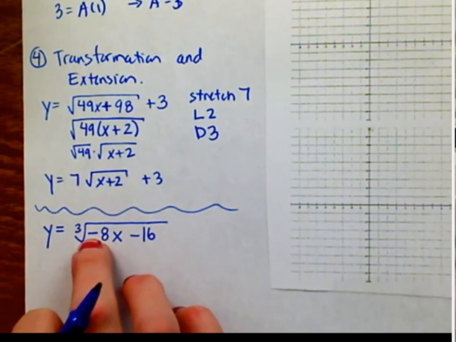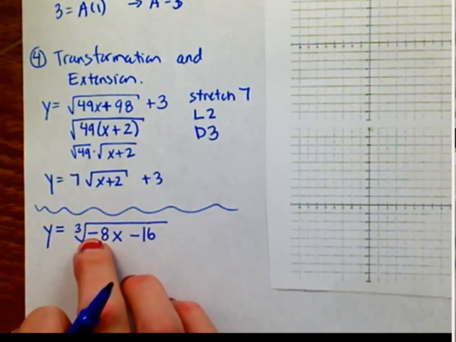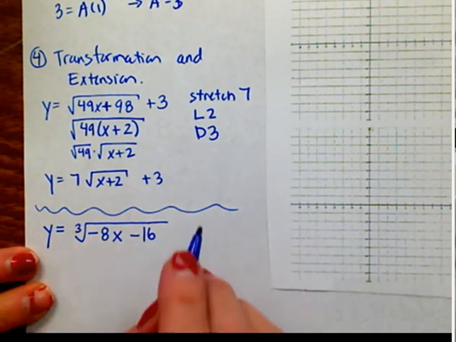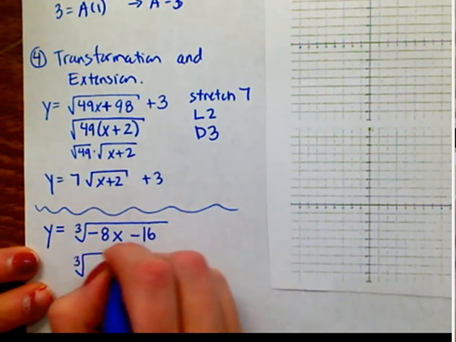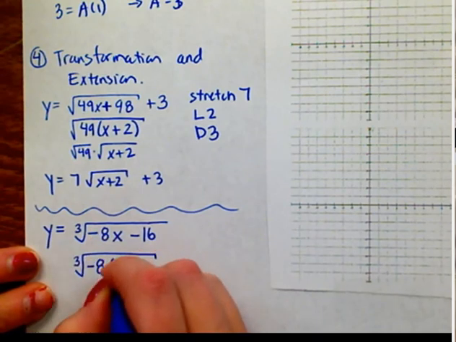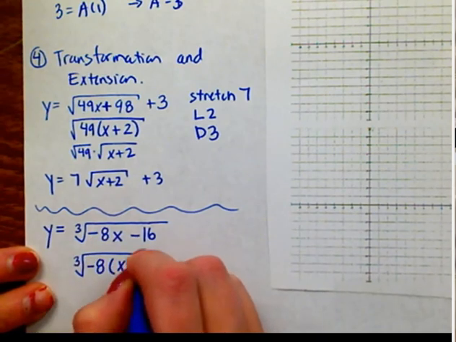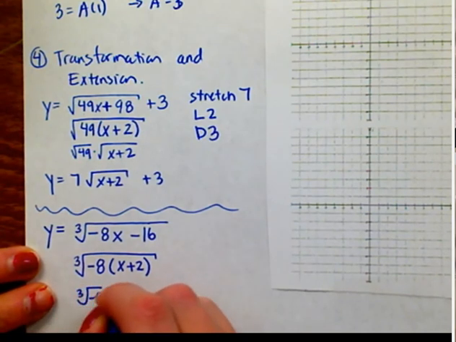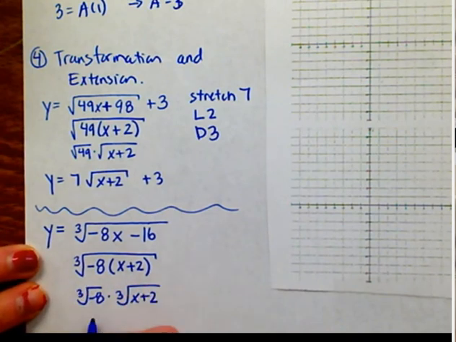At first it's negative under the radical, which I don't want to leave there. And then 8 is a perfect cube. But your radical properties only let you separate if there's multiplication. So I'm going to factor out my perfect cube. And then I'm going to separate. Then I'm going to evaluate.